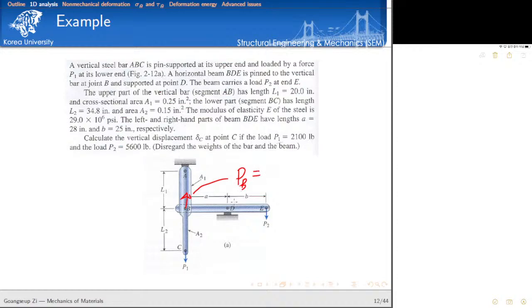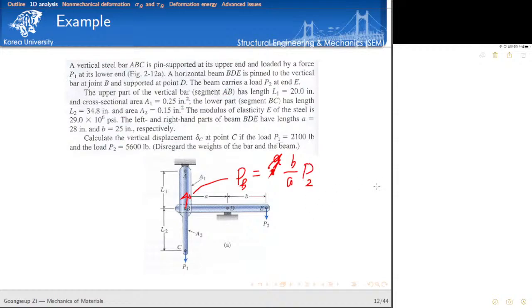Because of the sum of moment with respect to point D is equal to 0. So B divided by A, sorry about it. It's not minus sign, okay? B divided by A times P2, sorry.